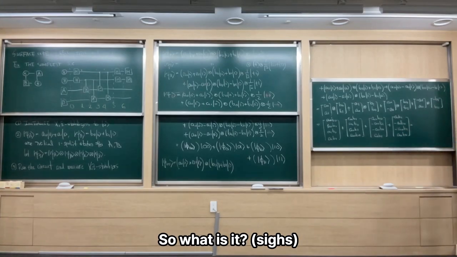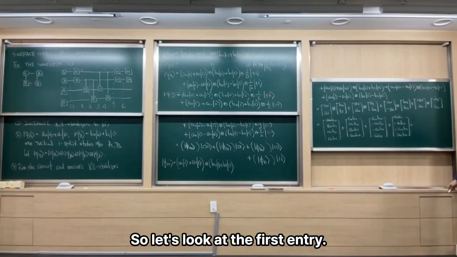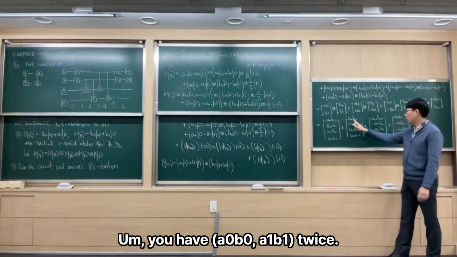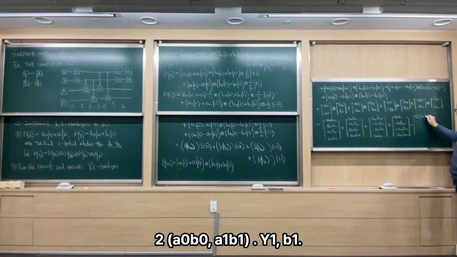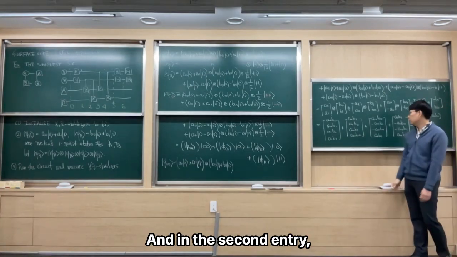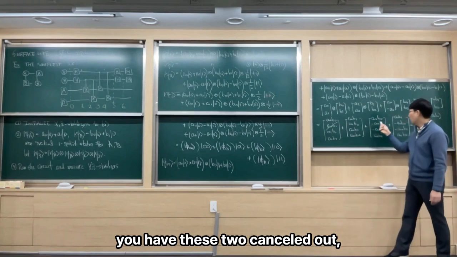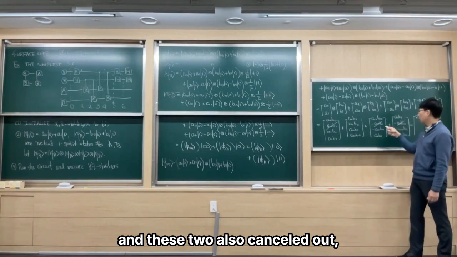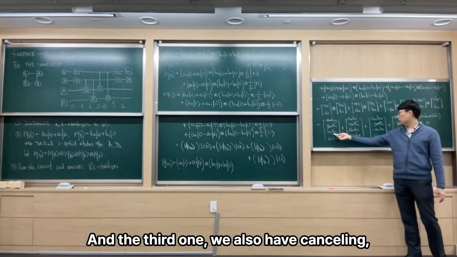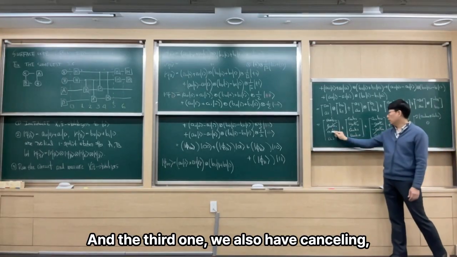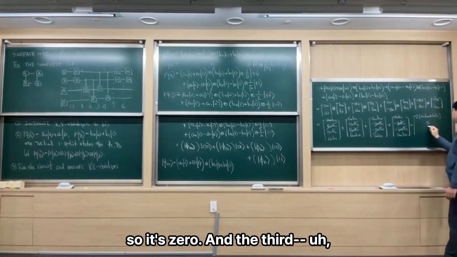So what is it? Let's look at the first entry. You have A0 B0 and A1 B1 twice, so 2 A0 B0 A1 B1. And in the second entry, you have these two canceled out, and these two also canceled out. So we have 0 for the second entry. And the third one, we also have canceling, so it's 0.